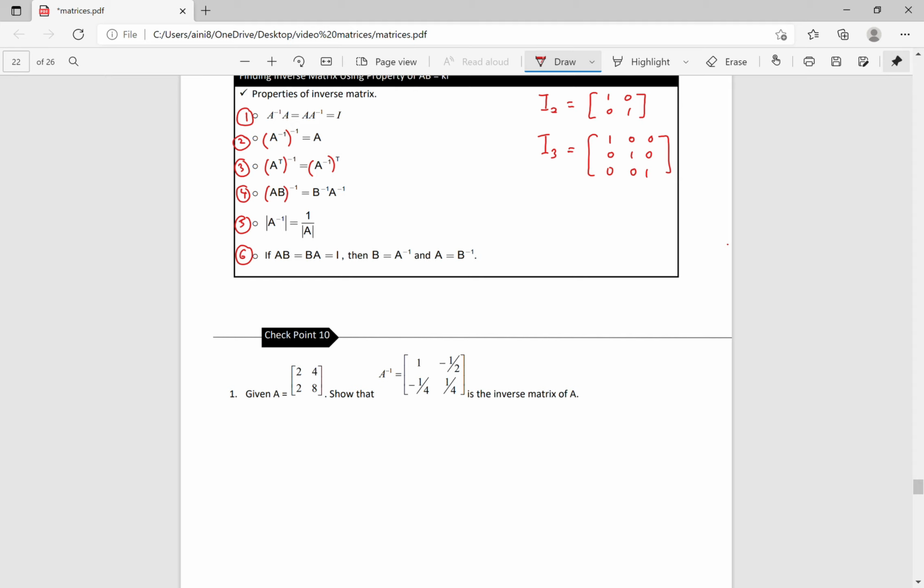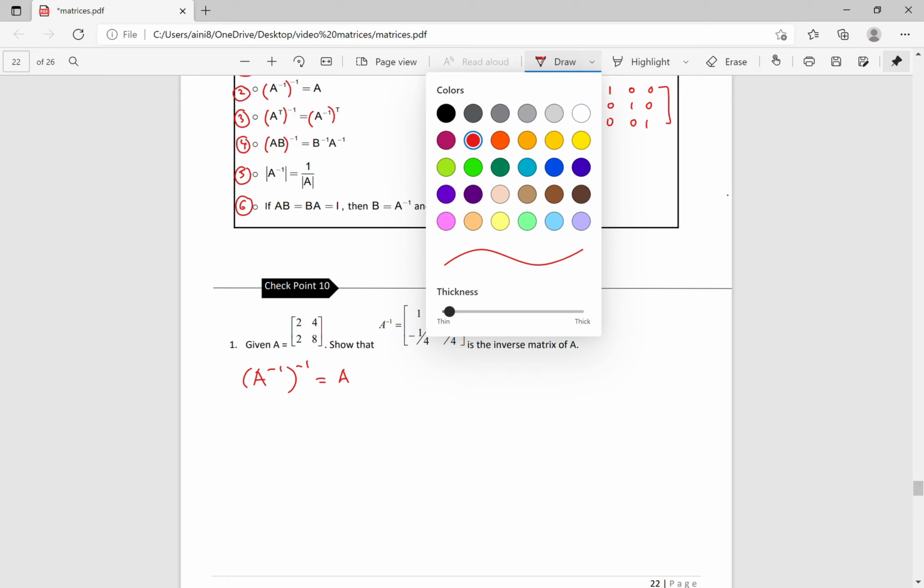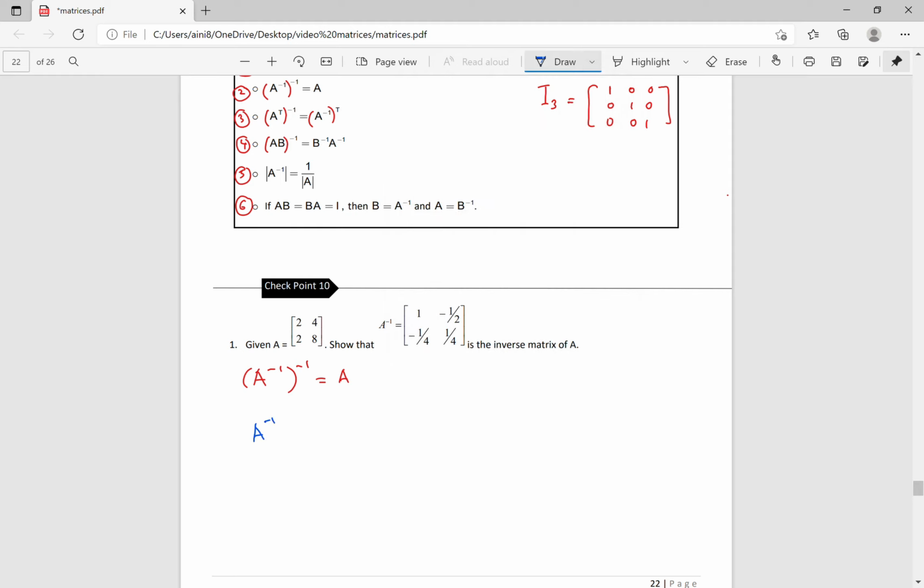So you can use property number 1 and number 2 to prove this question. Let's say we take property number 2, that is A inverse, inverse again, equals A. So we write our formula for A inverse. A inverse, we have to inverse again.